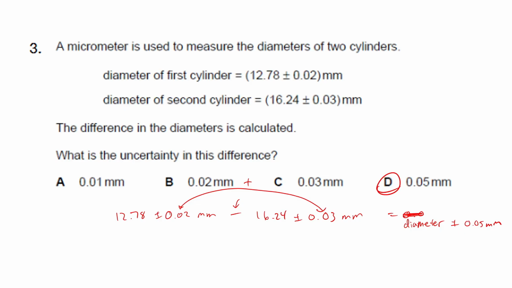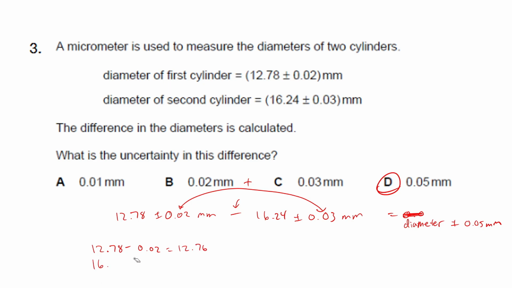However, if you don't know the rule, try and think about deriving it. Let's say that our smaller value, we want to make it as small as possible, right? So we have 12.78 minus 0.02, which is equal to 12.76, right? And then we want to take our greatest value and add to that.